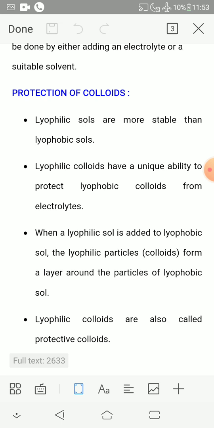Now, protection of colloids. I have told you that colloidal particles can be easily coagulated, so you have to protect the colloidal solution. And how to protect?